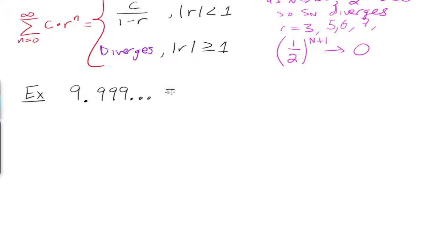So this number, you can rewrite it as 9 plus, this place is 9 tenths, plus 9 hundredths, plus 9 thousandths, and so this keeps going on forever and ever, right?